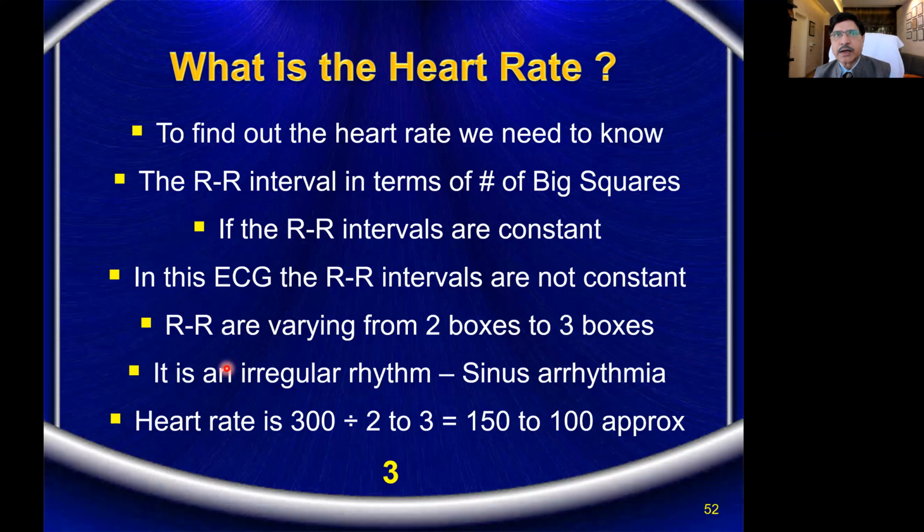The next darker line means 150. Next will be 100. Next will be 75. Next will be 60. Next will be 50. Next is 43. Next is 37. 300, 150, 100, 75, 60, 50, 43 and 37. If you remember those numbers, it is child's play to say the rate very easily. The only thing is the RR intervals have to be constant.